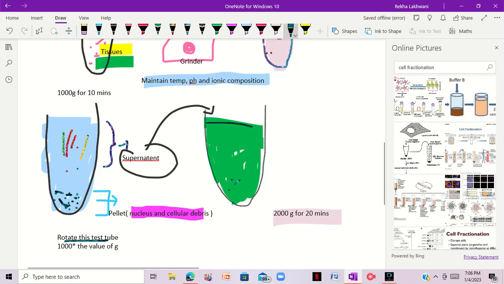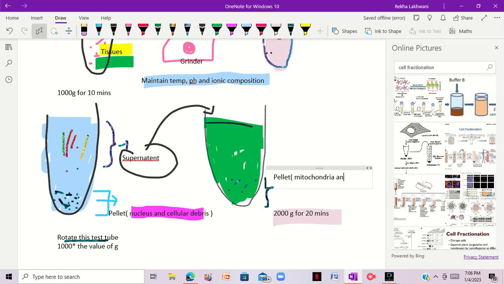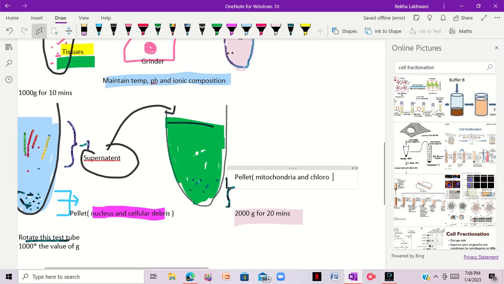The heavy objects will sediment at the bottom, and it is known as the pellet. This pellet will contain mitochondria and chloroplast.